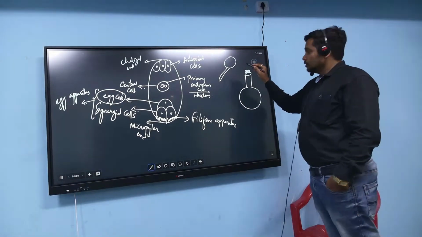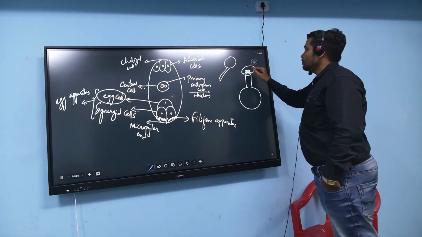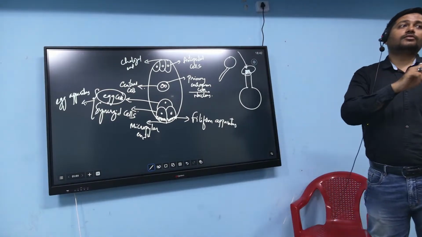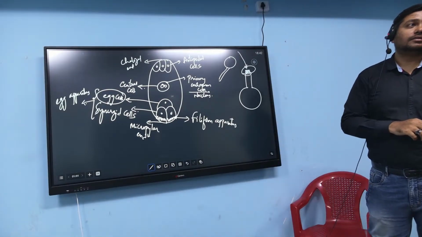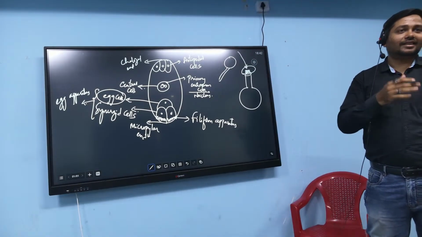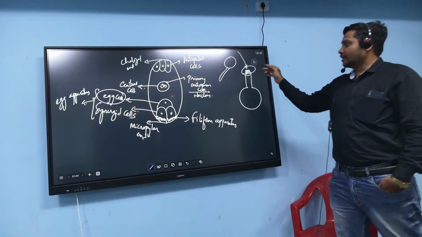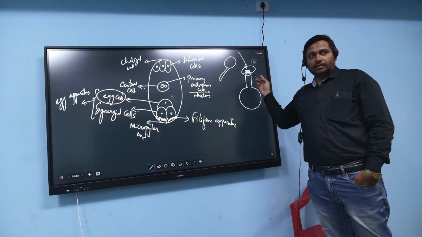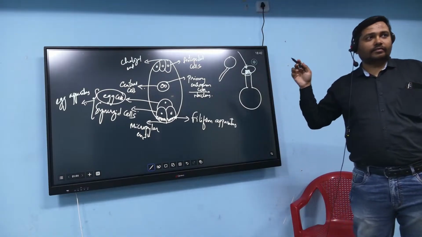When the pollen comes and sits here, that is because of a process. There is a process for the pollen grain to reach and sit here.